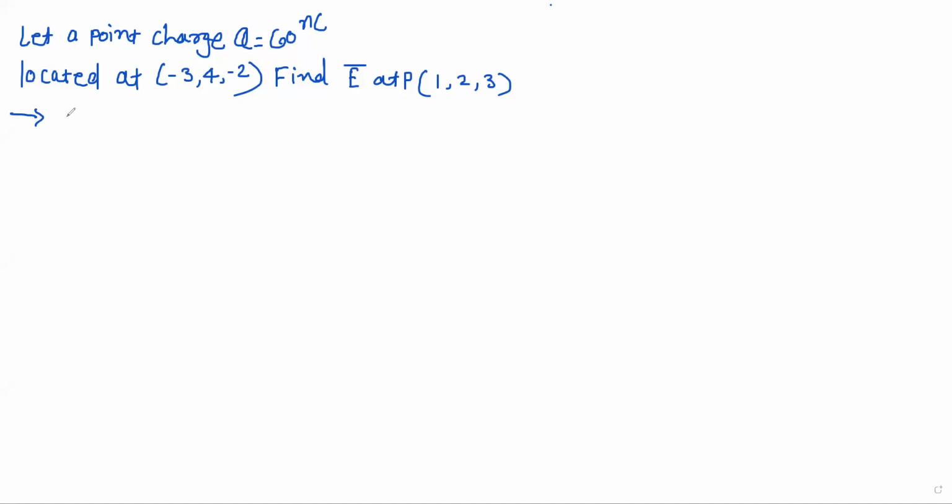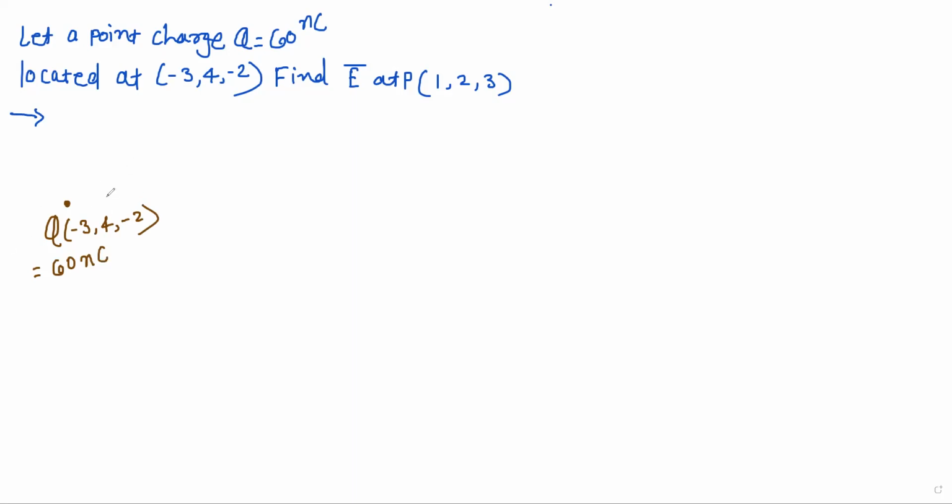For this given problem, let us draw the picture first, because this is the first step. Here you have a charge Q. It is located at (-3, 4, -2), and its value is 60 nanocoulomb.